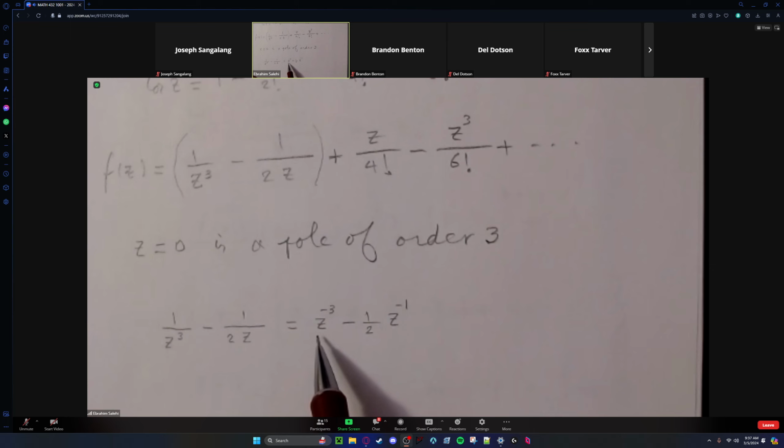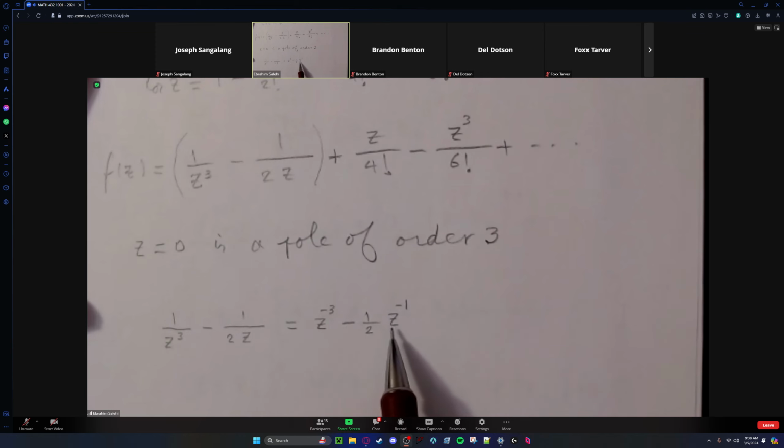If you have a finite number of them, in this case we have just two terms, the largest in the denominator is what we call the order; a pole of order 3. But sometimes this will continue forever.